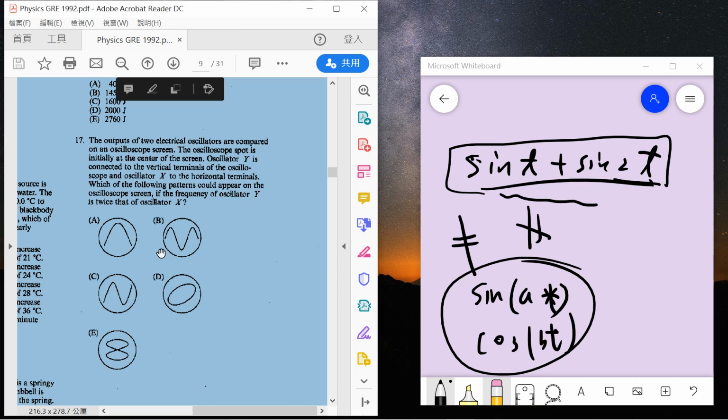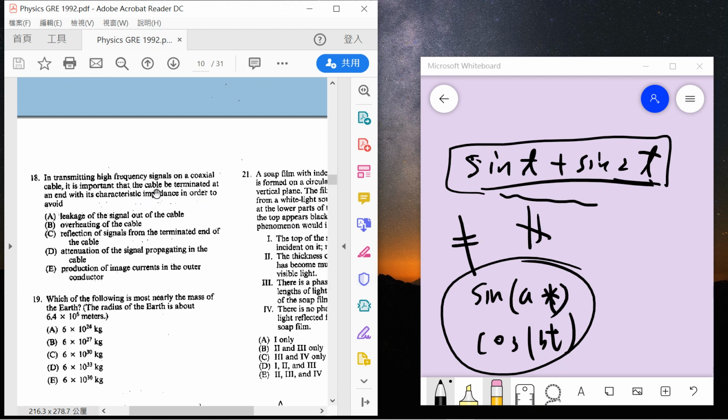B and C are not okay, and D is also not okay because D is not even a function. D and E are just another function for sine t plus sine 2t, which is impossible. Any superposition of sine t and sine 2t will look similar to a standard trigonometric function, but not exactly the same. So the answer is A.